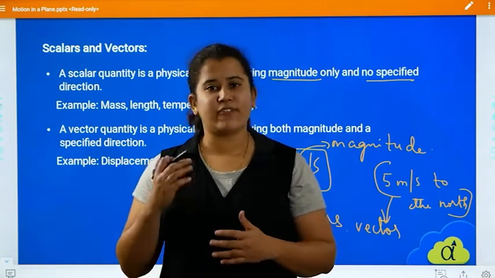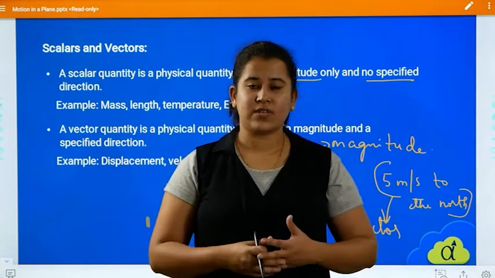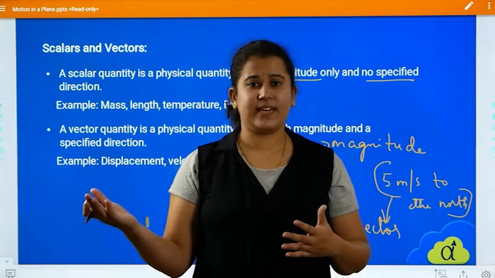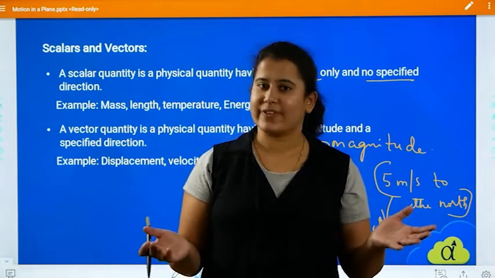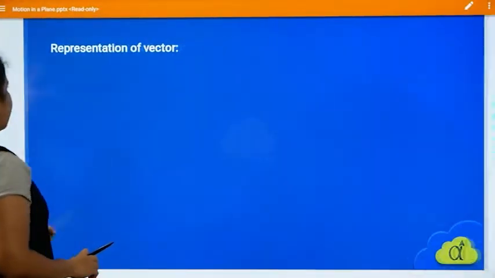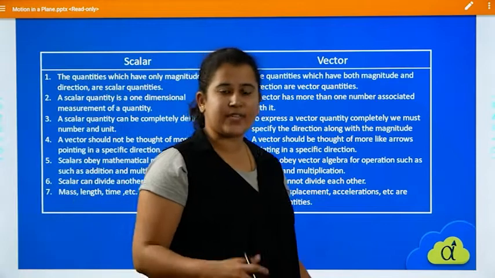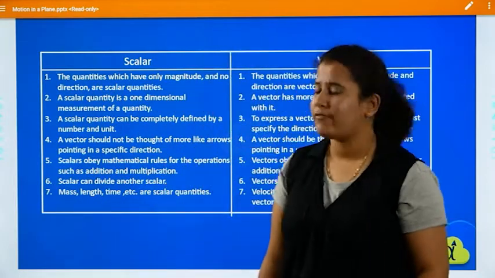So we look into some of the differences between scalars and vectors, so that we will be deeply involved with those and we can easily decide which are scalars and which are vectors. First I'll go with the scalar and vector difference, and later on we'll see the representation of vectors.